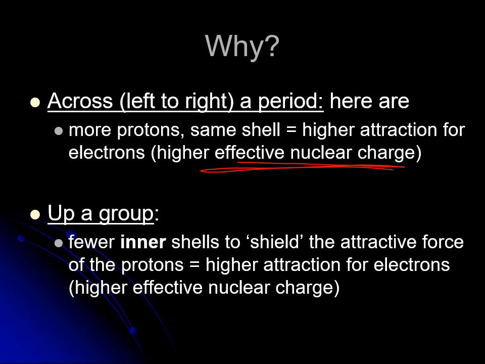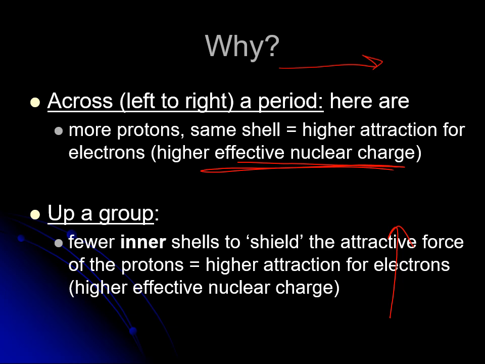If they have a stronger pull on electrons, when you put them in a bond, they're going to pull on their partner's electrons strongly as well. So as you move from left to right across a period, for the same reason, you're getting more protons pulling on the same electron shell. You get a higher effective nuclear charge. The electronegativity will increase. As you move up a group, again, you're getting fewer inner shells.